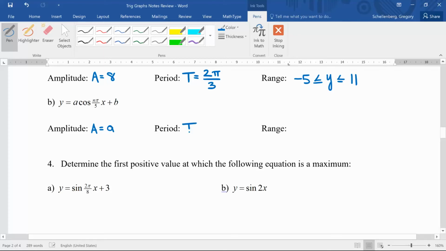Well, our period, T, is equal to 2 pi divided by b. And what's b? It is n pi over 5. If we work that out, we get a period of 10 over n.